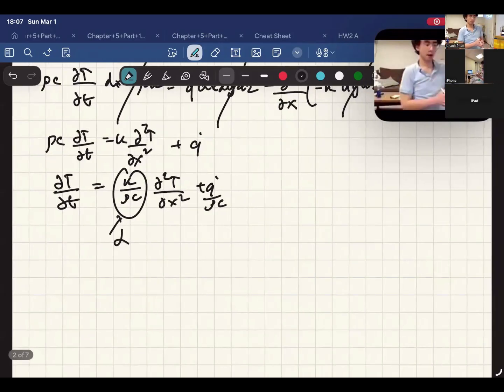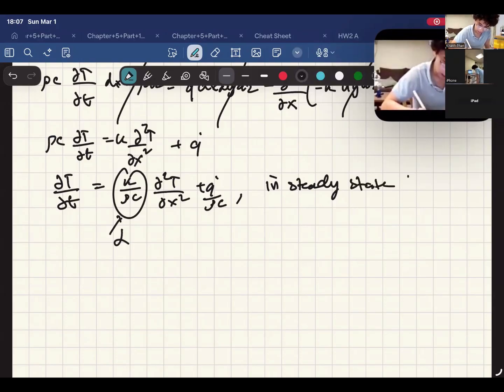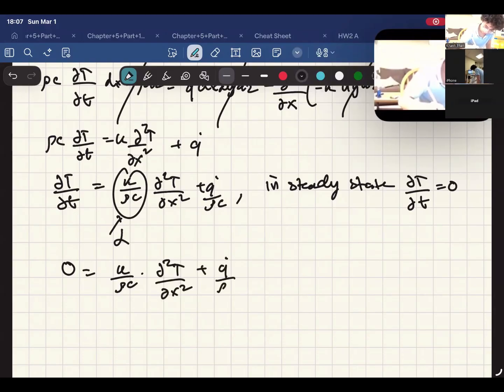And so now what we're gonna do next is, we know that for a lot of our questions we assume steady state, so we're gonna do the same. In steady state, temperature stays the same through time. It only changes with respect to direction, but with time it's the same everywhere. So in steady state, dT over dt, the change in temperature over time, is equal to 0. So we have 0 equals k times the second derivative plus q.